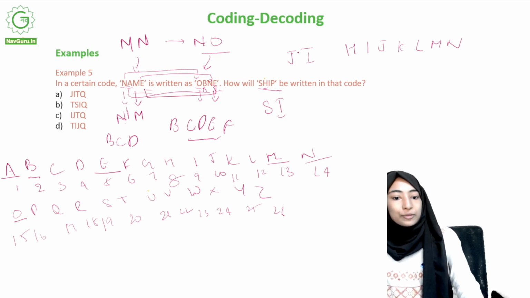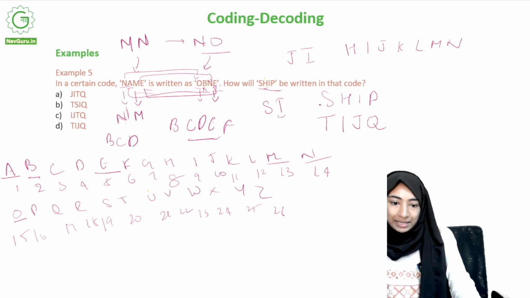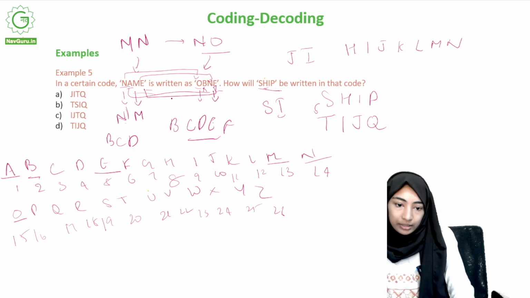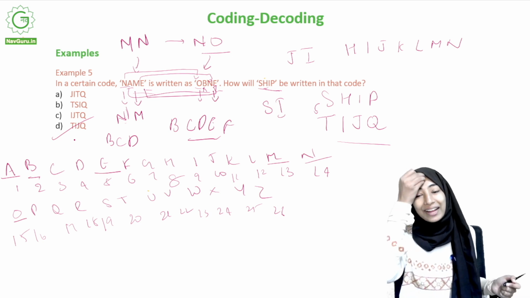So in that way, this is very simple. So what will SHIP be? LMNOPQRS, T, H, I, J. Basically, the letter that comes after it, right? So do I have this anywhere? Yes, I do. TIJQ. That's it. Done.